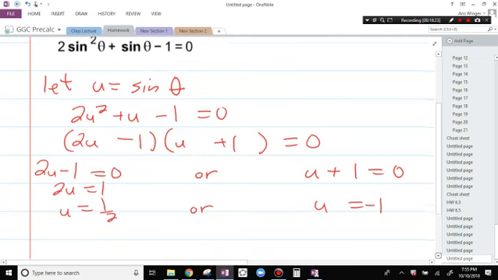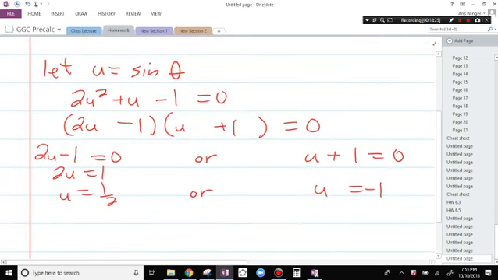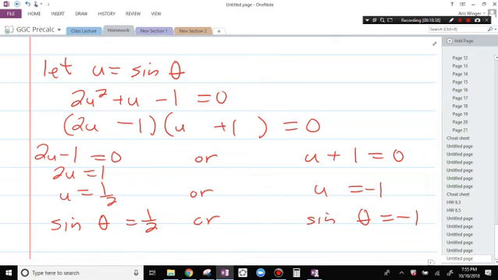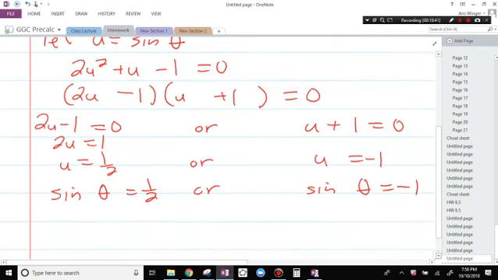You just have to remember that I introduced the letter u. I was never interested in the letter u, right? U is sine. I want the sine of theta to be 1/2, or the sine of theta is negative 1. This happens in 3 places. The y-coordinate is equal to 1/2 at pi over 6.